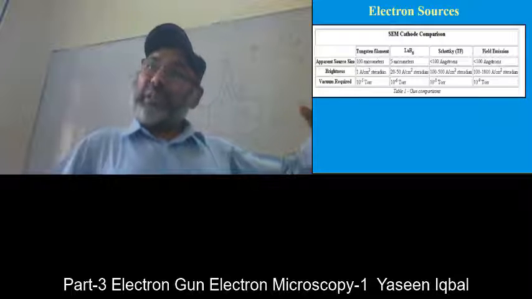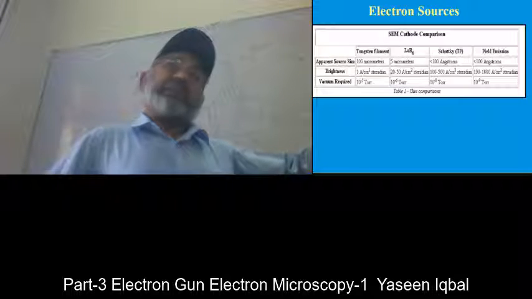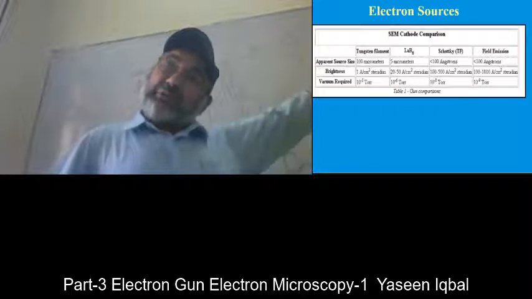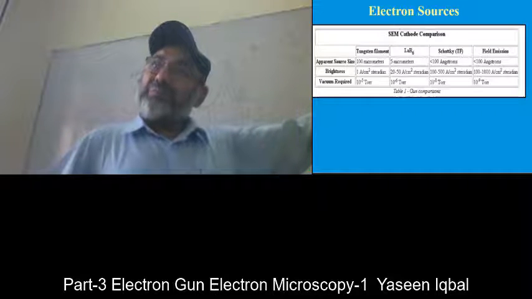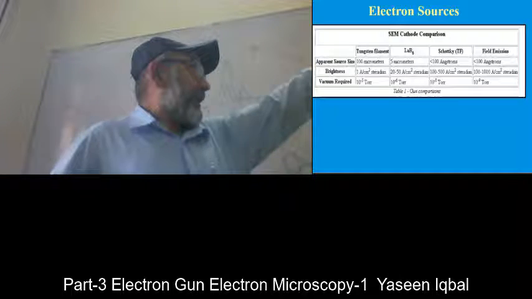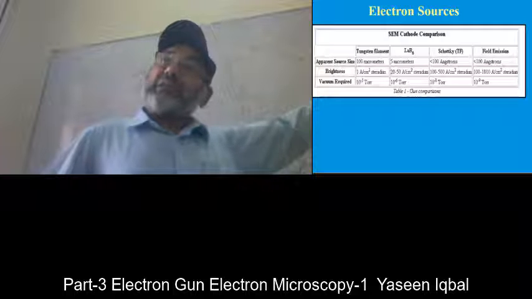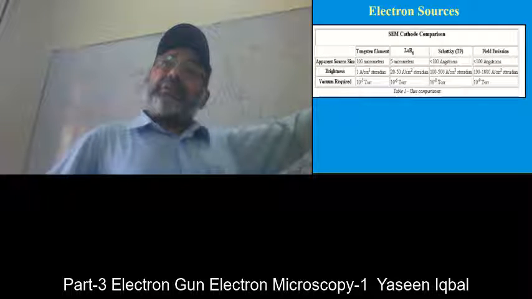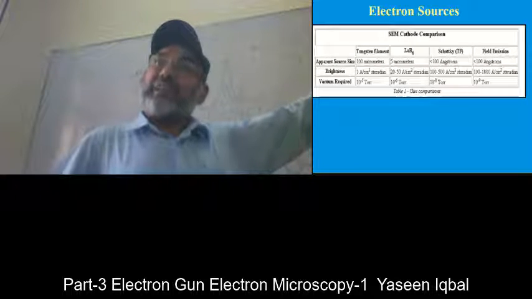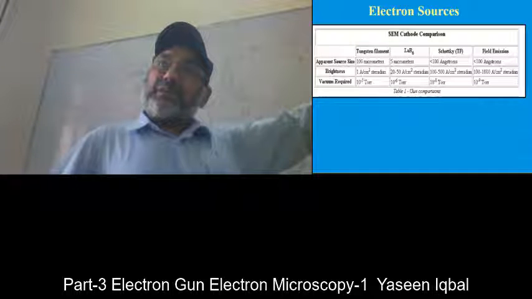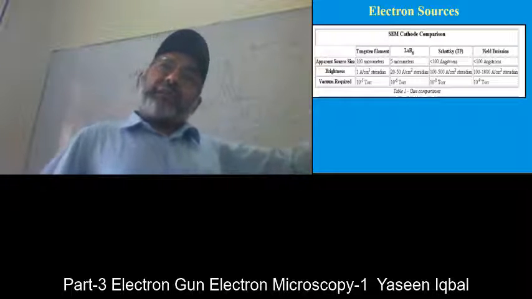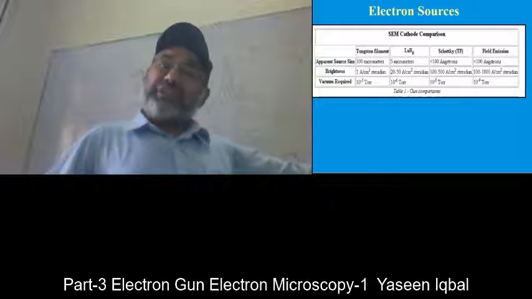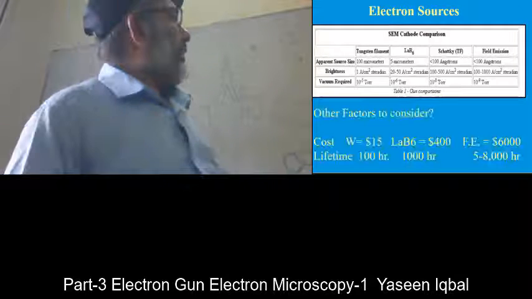When you are going for quality, then you will have certain restrictions, and that quality is coming from the vacuum, because that filament will not work if the vacuum is not 10 power minus 9 torr. So the more refinement, the more restrictions are there.